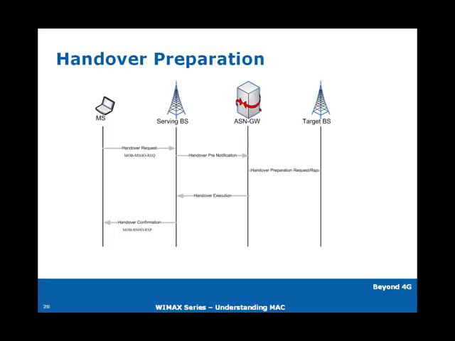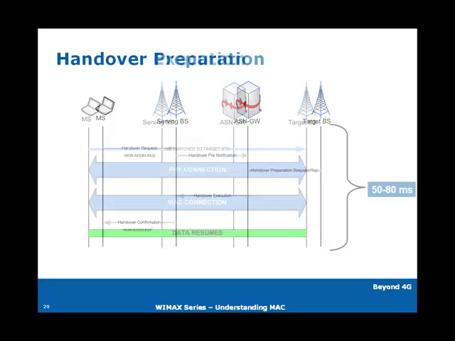Once there is a response from the target base station that it has the necessary resources to take this handover, the ASN gateway gives an instruction to the serving base station for handover execution, and the serving base station gives a response back to the mobile station for handover confirmation.